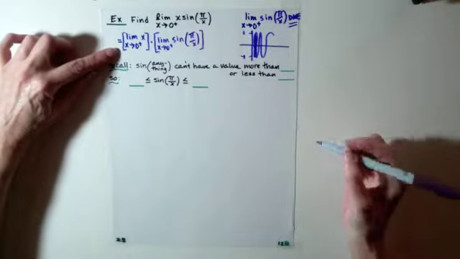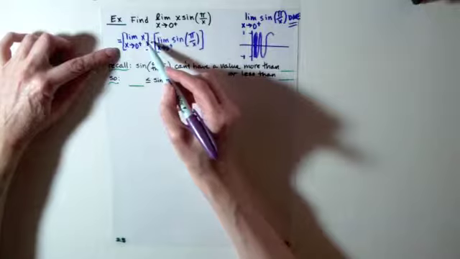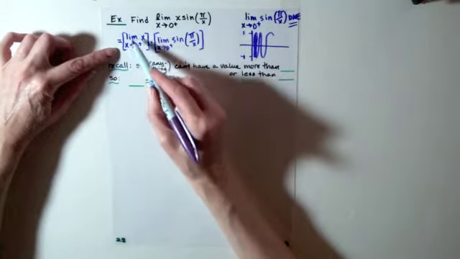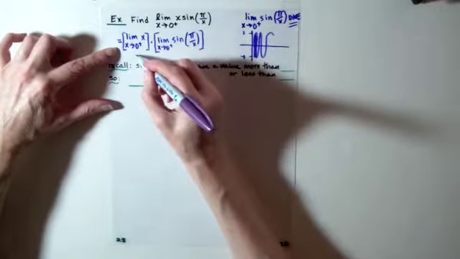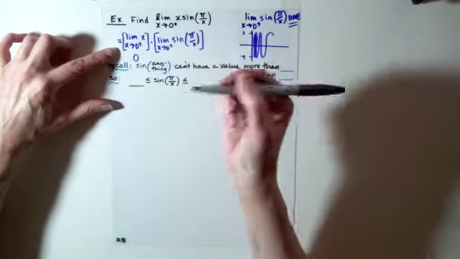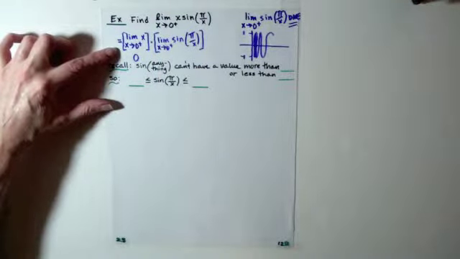This first limit we can actually find. It's the limit of a polynomial, or you can just think of it as the obvious limit. As x approaches 0 from the right, x is going to be approaching 0. Or you can think of x as a very simple polynomial and use direct substitution.